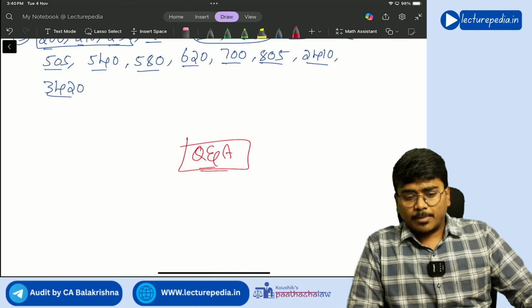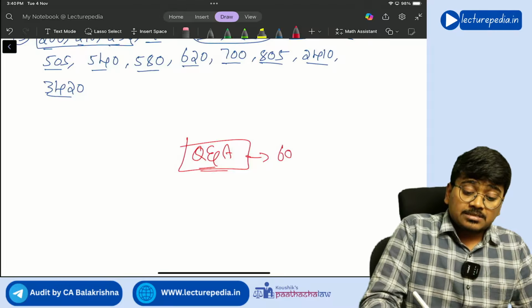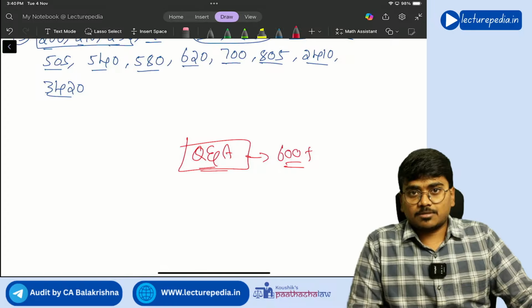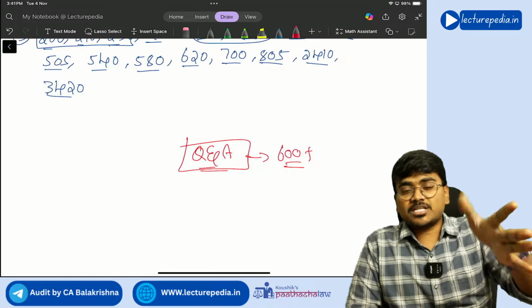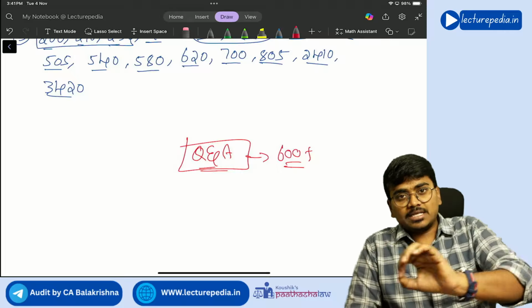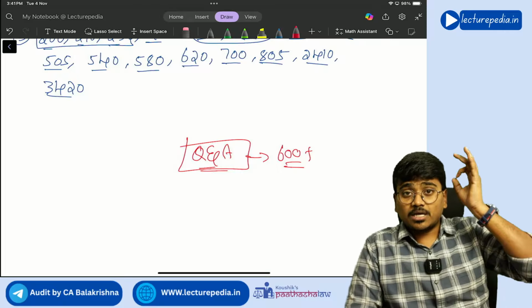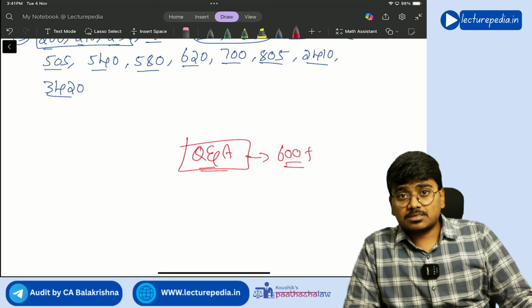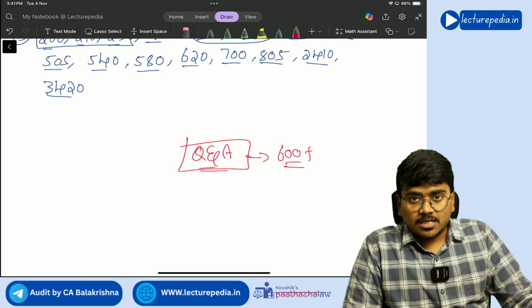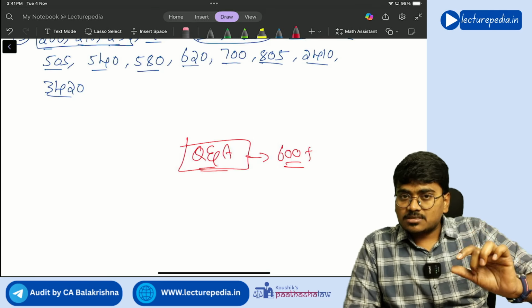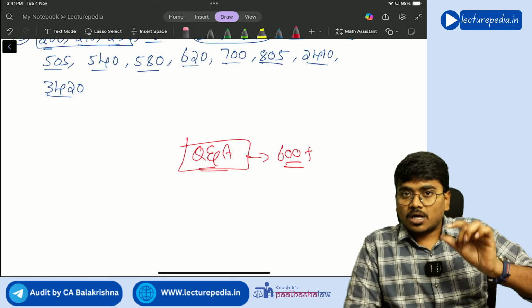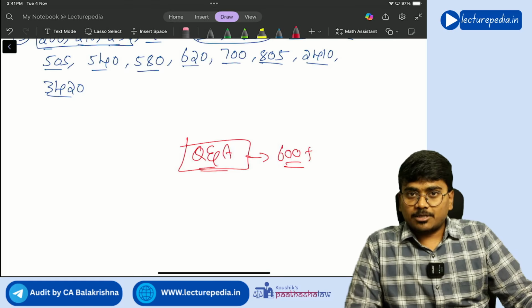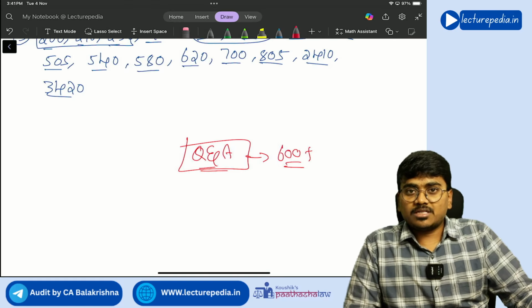In my question bank, there are around 600 plus questions. I have covered all the MTPs, RTPs, and past examinations. Repeated questions I have removed; if any question is repeated in the RTP or MTP, I have given that question only a single time.